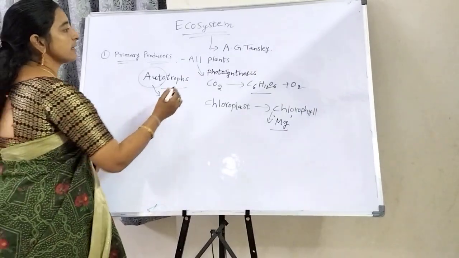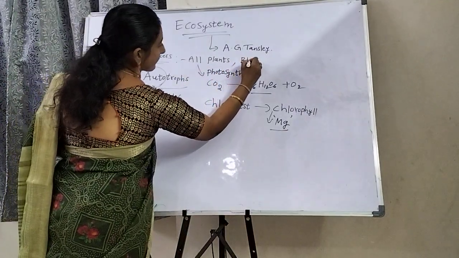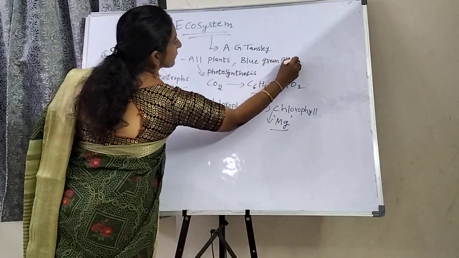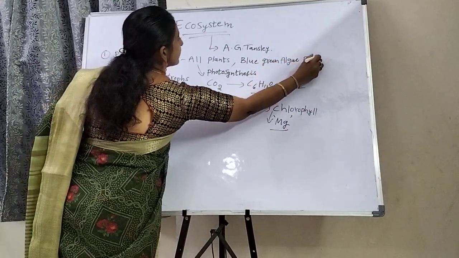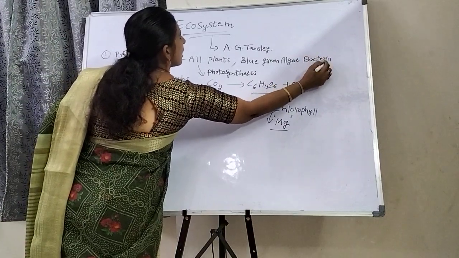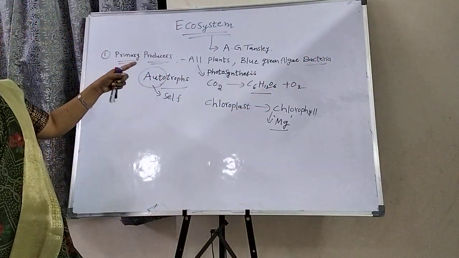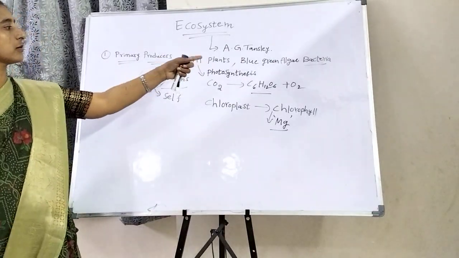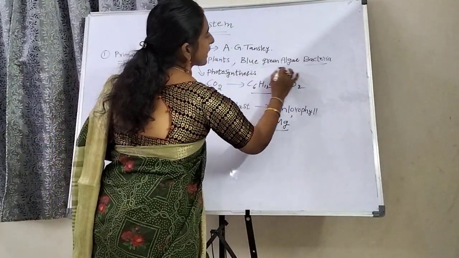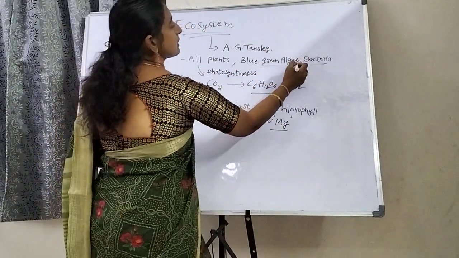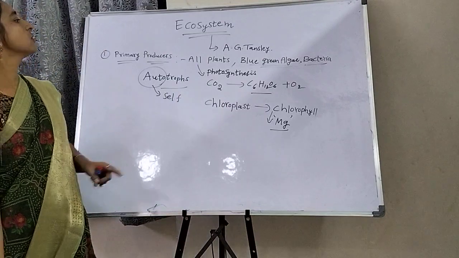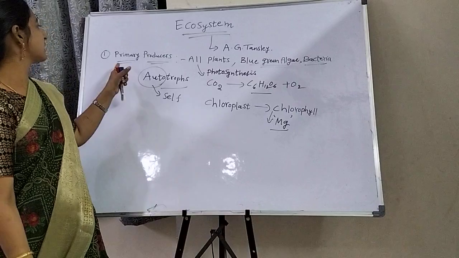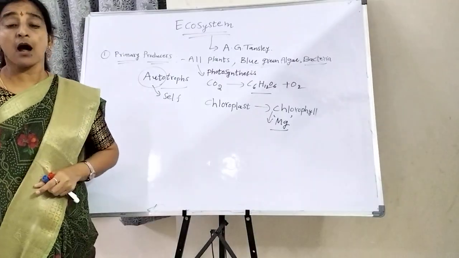So all plants and some blue-green algae and bacteria, also called cyanobacteria, prepare their own food. That is why they are known as producers.